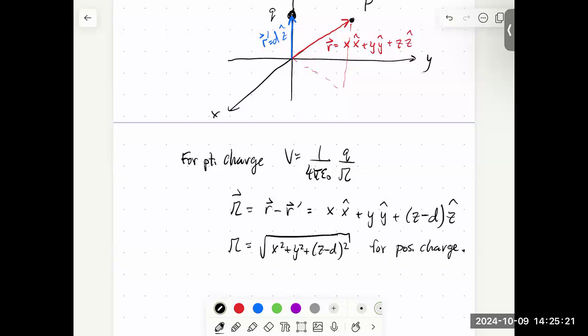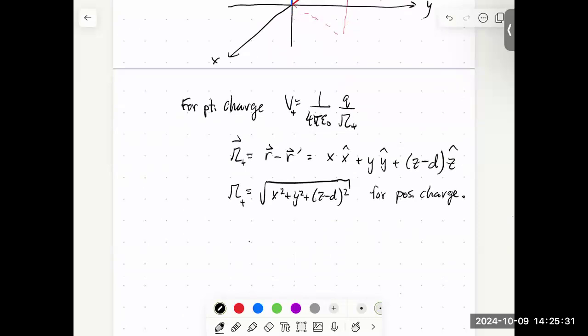Let's say that all of this was for the positive point charge. By exact analogy, we do the same for the negative point charge. Remember, we're trying to solve the problem of the infinite sheet with one point charge above it, but we said that's equivalent to two point charges placed symmetrically about this XY plane.